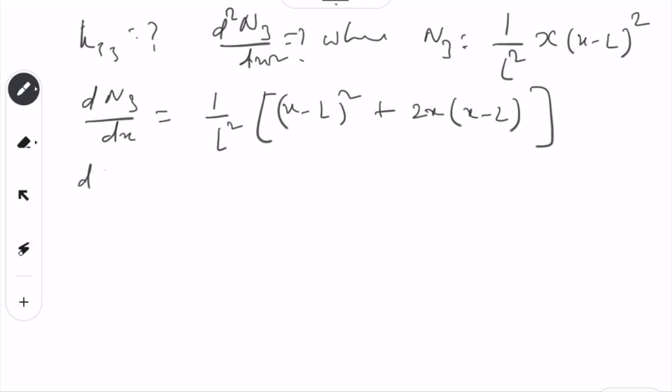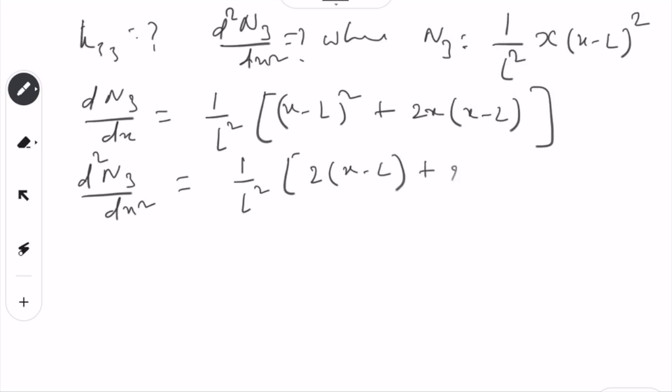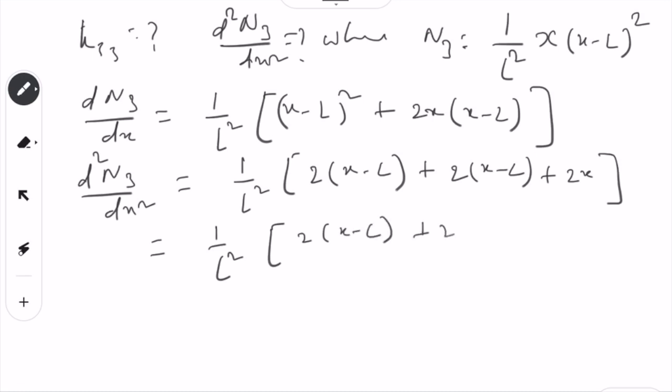And hence d square N3 over dx square will be equal to 1 over L square, and then 2(x minus L) plus 2(x minus L) plus 2x. So we have 1 over L square, and then 2x minus 2L plus 2x, so 1 over L square and we have 4x minus 2L.